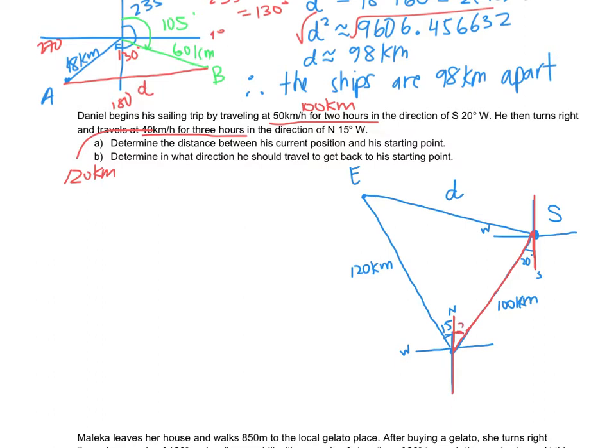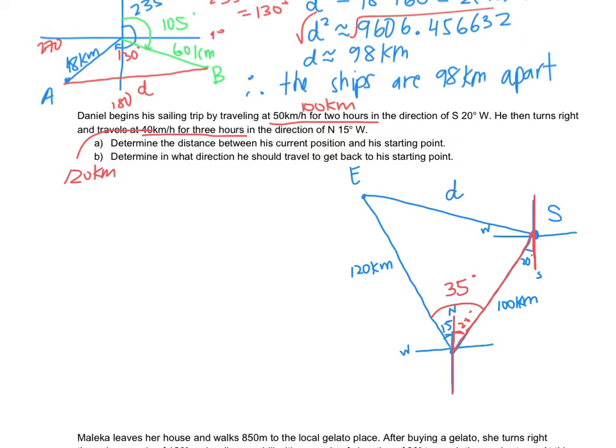So this here, that tiny portion, is also 20 degrees. So now I have 20 degrees on the right, 15 degrees on the left, which makes this entire angle 35 degrees. Now I have two sides and the contained angle, and I can do another cosine law to find the distance between his current position and starting position.